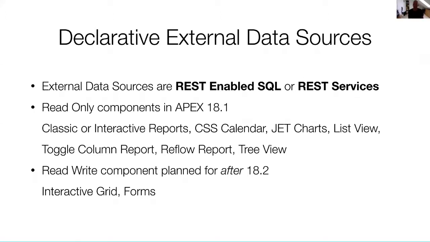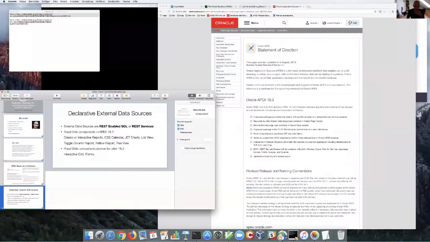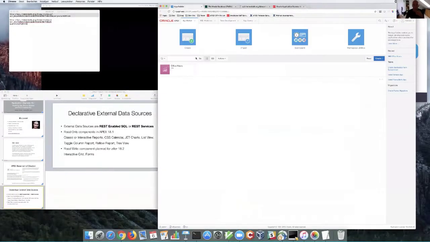No, data comes from everywhere, from heterogeneous APIs, heterogeneous systems, and sometimes we don't even know what actual system stores the data. We just get an API. So that was one of the main design goals for Apex 18.1, to enable Apex to deal with external data sources. And before jumping into RESTful services, I would like to give you an impression of that.